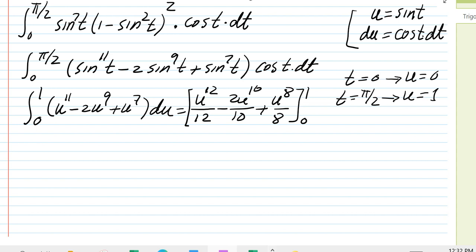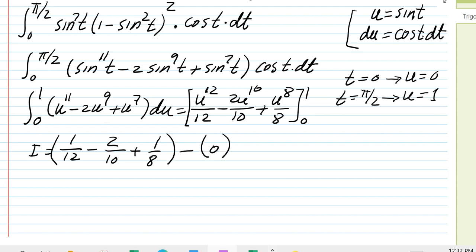Okay, and then once you plug in the upper limit, the value of the integral is going to be, the upper limit gives you 1/12 minus 2/10, which is 1/5, plus 1/8. Okay, and the lower limit just gives you 0. Right, when you put 0 for the u's, you get 0.